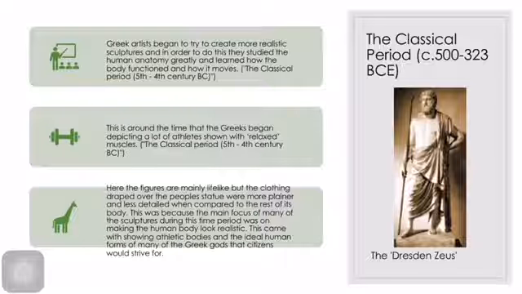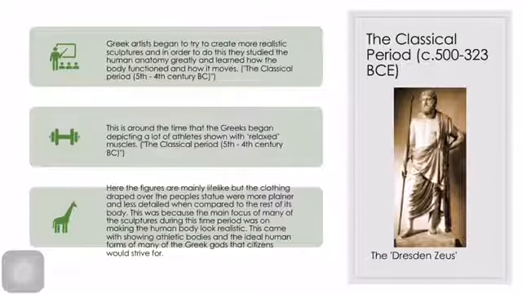Here the figures are mainly lifelike, but the clothing that's draped over the statues was plainer and less detailed when compared to the rest of the body. This was because the main focus of many of the sculptures during this time period was making the human body look realistic. This came with showing athletic bodies and the ideal human forms of many of the Greek gods that citizens would strive for.